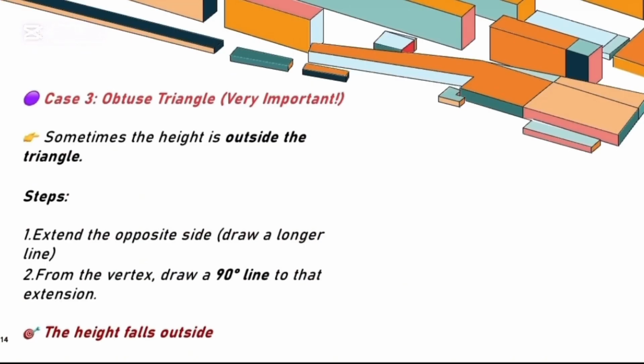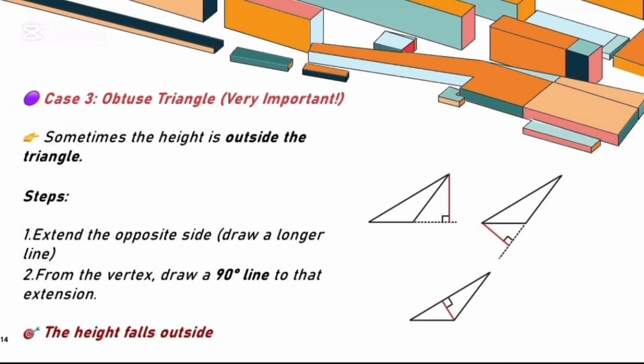Now case 3, in an obtuse triangle, let me ask Rami Darwish. What do you think? Where the height will be outside the triangle or inside the triangle? Excellent. So sometimes the height, as you can see in the figure, is outside the triangle.